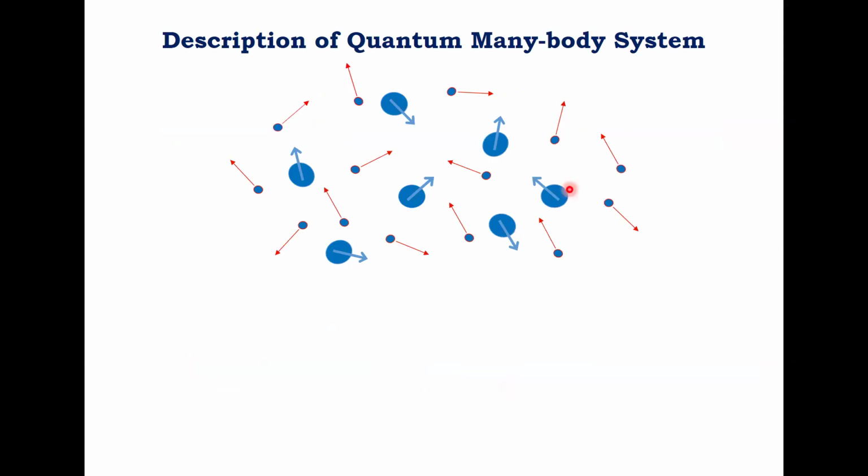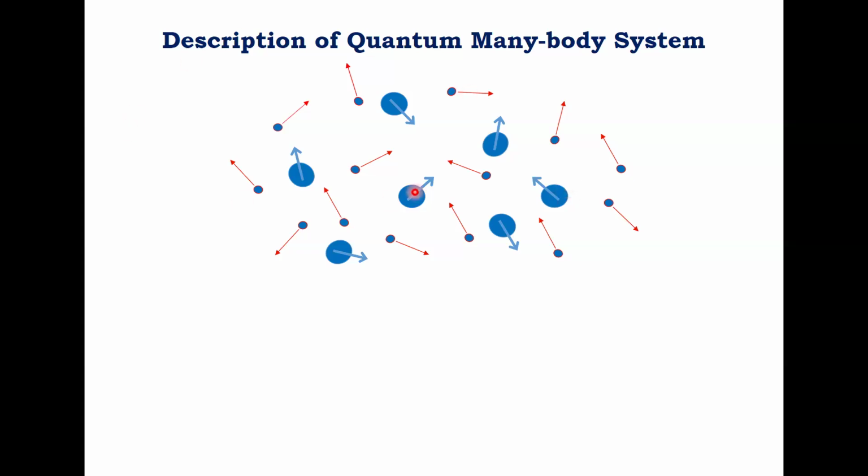Okay, so first, the description of a quantum many-body system. When you want to study any material's properties, any quantum system, the first thing is how to describe this quantum many-body system. You know that a quantum many-body system is made up of atoms and molecules, which constitute the materials or solids. Within those atoms and molecules we have electrons and nuclei.